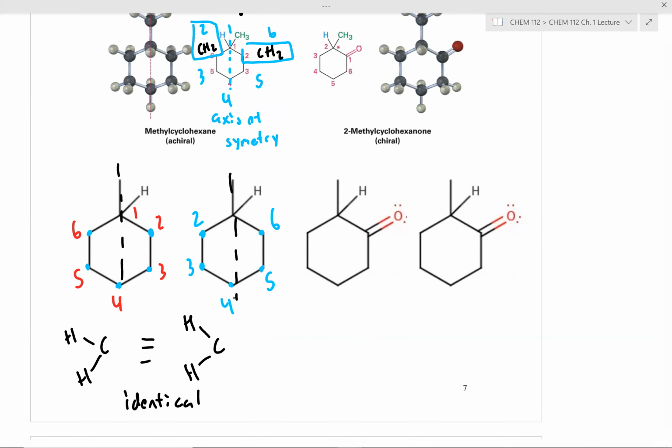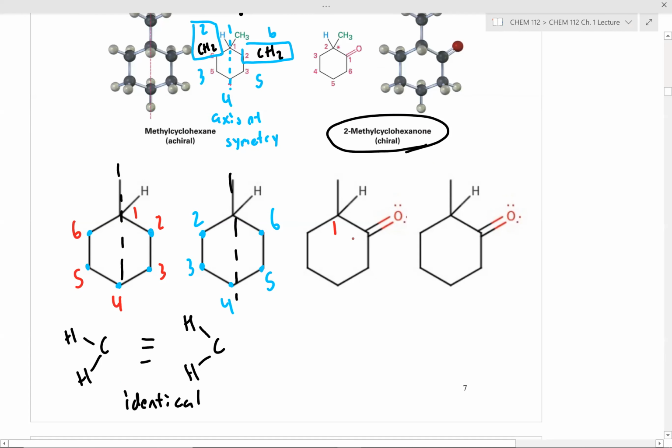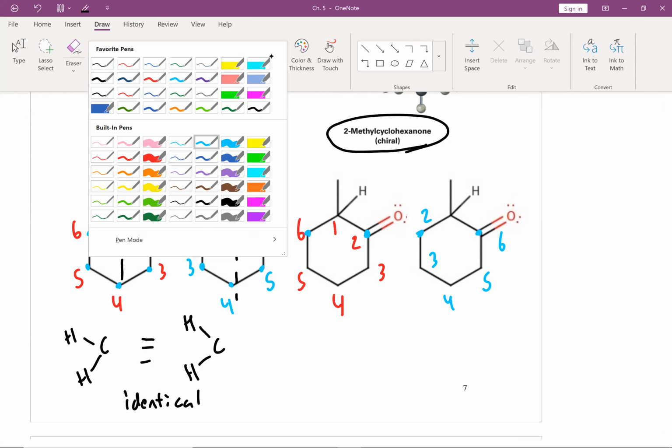Now, if we compare this to 2-methyl cyclohexanone, let's try our exact same counting method. So clockwise, 1, 2, 3, 4, 5, 6. And then counterclockwise, 1, 2, 3, 4, 5, 6. So let's compare carbon number 2 and carbon number 6. Okay, so let's look at carbon number 2.